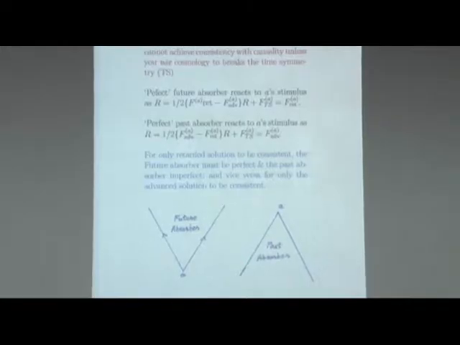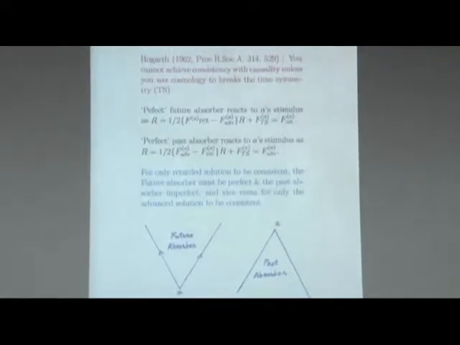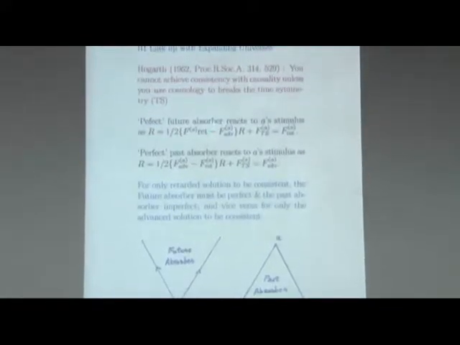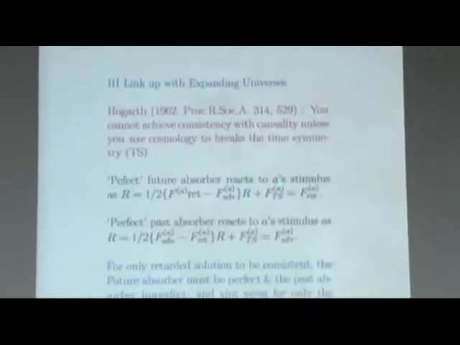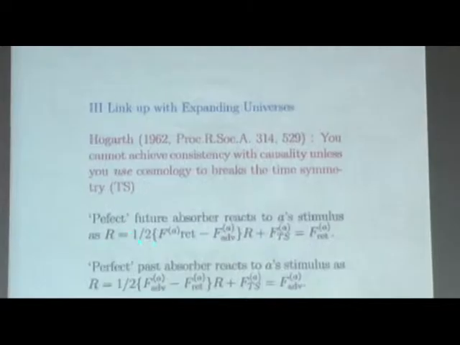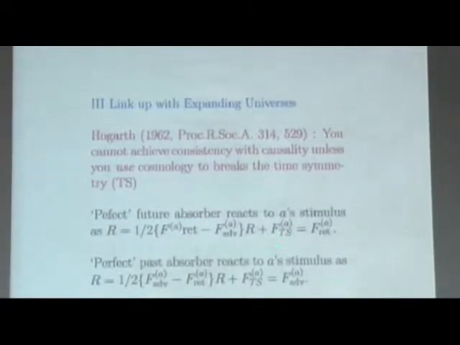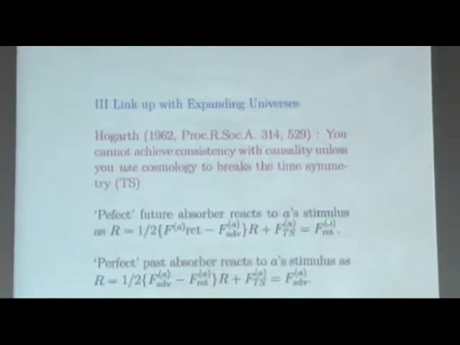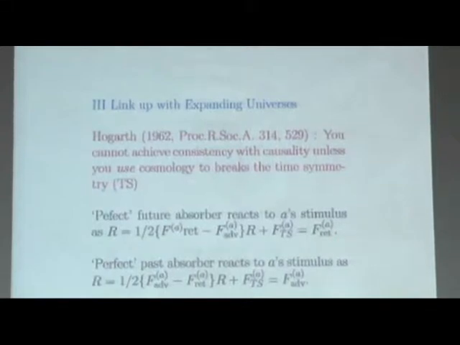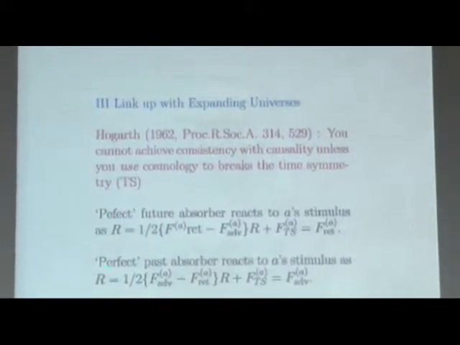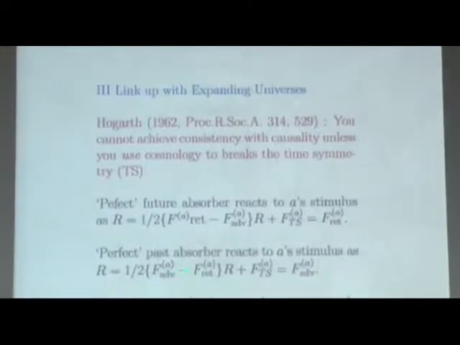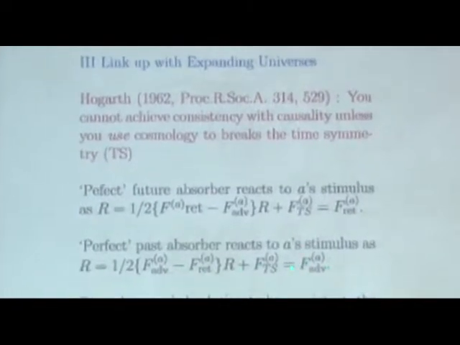And the condition here was the following: a perfect future absorber reacts to a stimulus like half of retarded minus advanced plus half of the time symmetric. Ts stands for time symmetric, half retarded plus half advanced, and that gave you the retarded one. Now, in the past case, it is the reverse with a minus sign here and you get advanced.